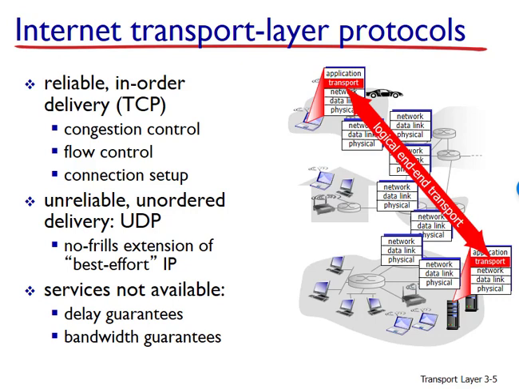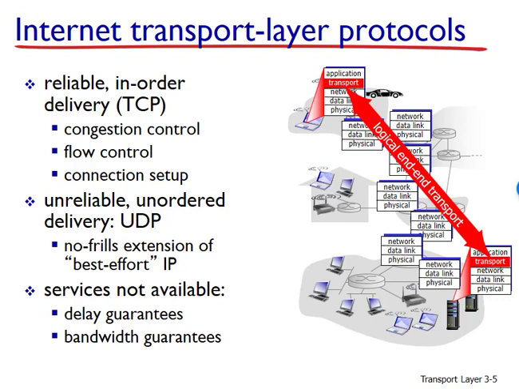The Internet's network layer protocol has a name, IP, for Internet Protocol. IP provides logical communication between hosts. The IP service model is a best effort delivery service. This means that IP makes its best effort to deliver segments between communicating hosts, but makes no guarantees.